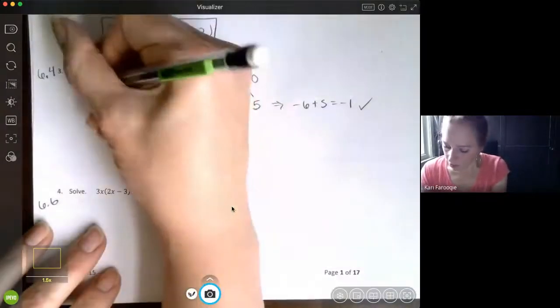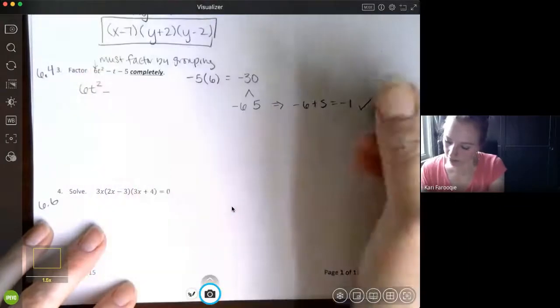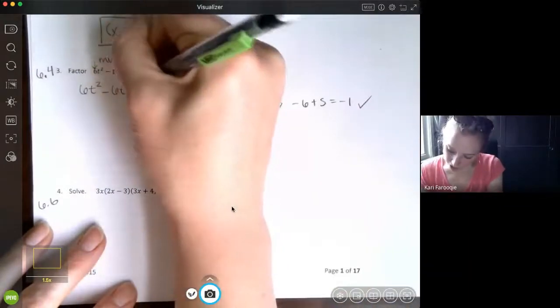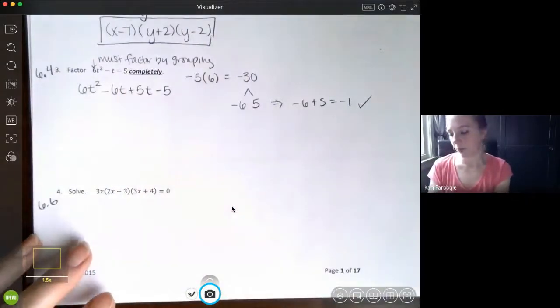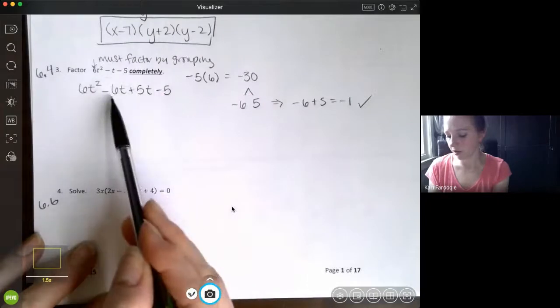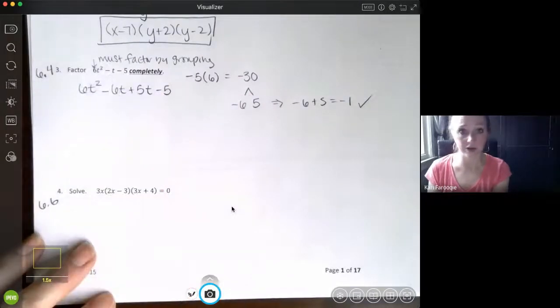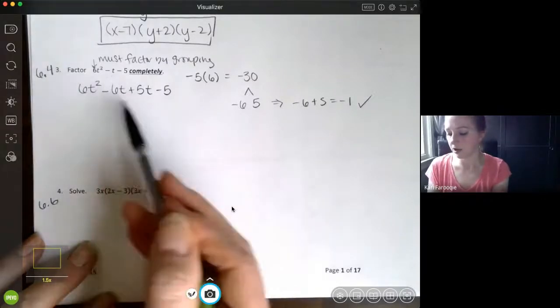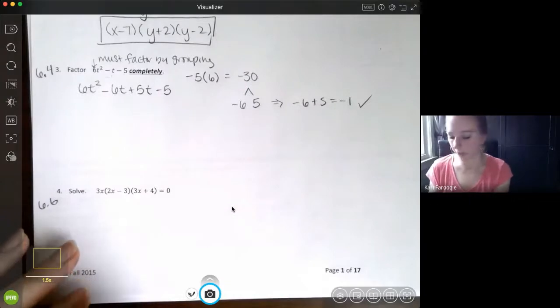So you're going to rewrite your polynomial as 6t squared minus 6t plus 5t minus 5. So the only thing that's changed is you're now combining like terms, negative 6t, positive 5t, to add to negative t. Just creating this situation where you now have 4 terms and you can factor by grouping.